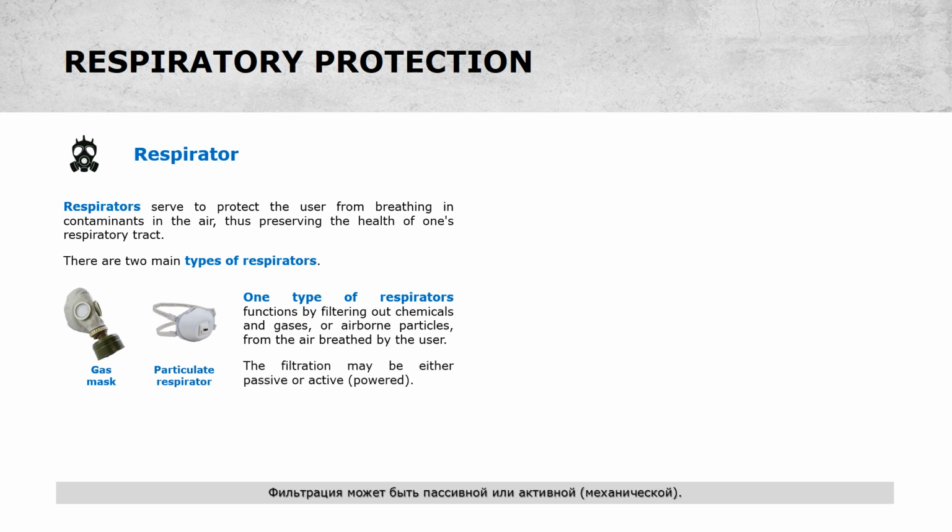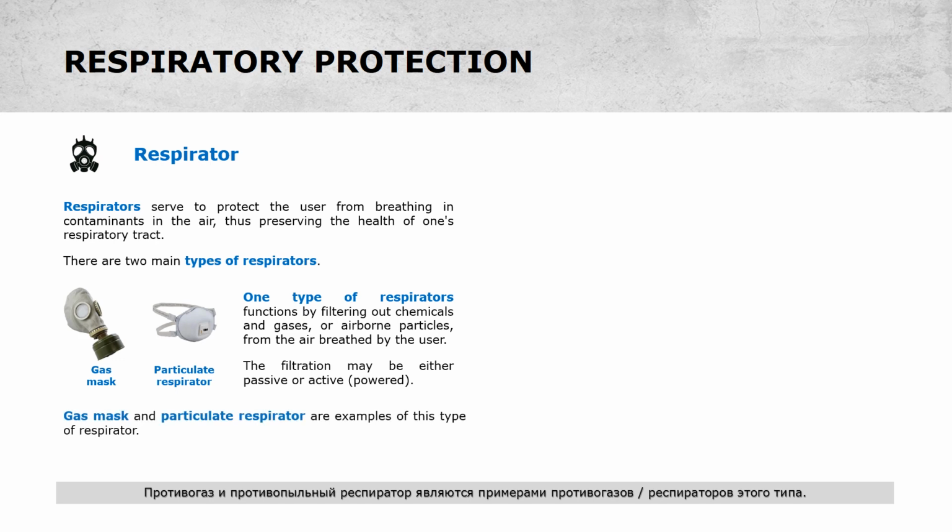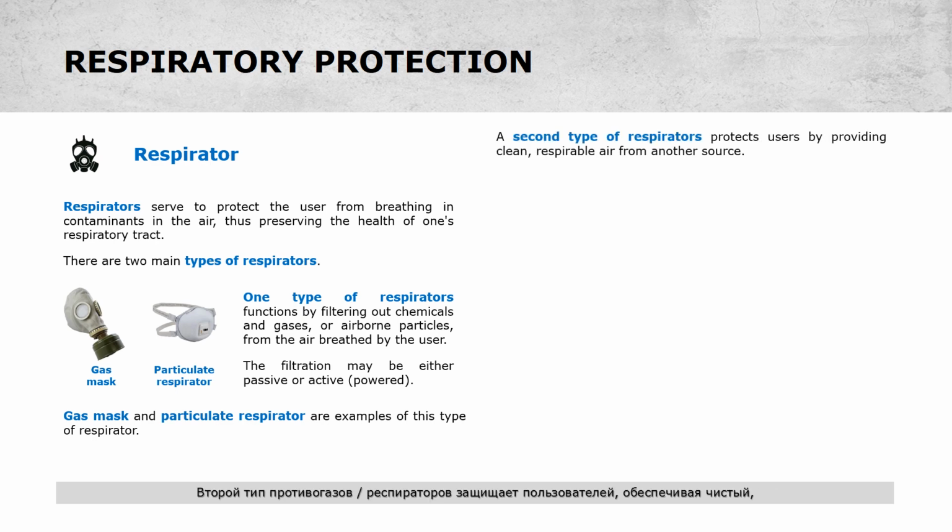The filtration may be either passive or active, powered. Gas mask and particulate respirator are examples of this type of respirator. A second type of respirators protects users by providing clean, respirable air from another source.